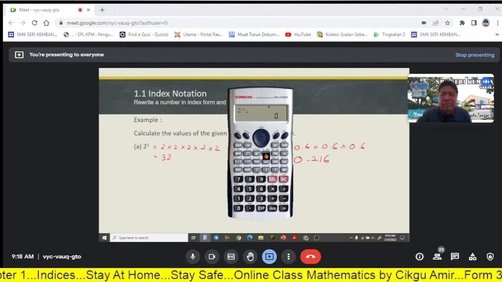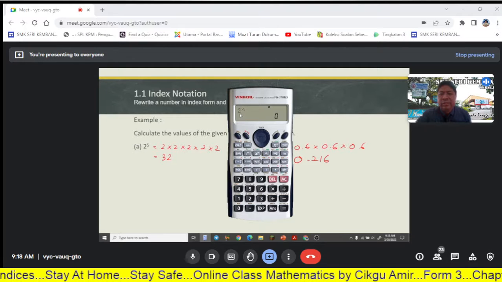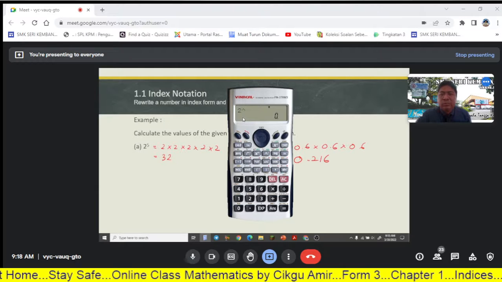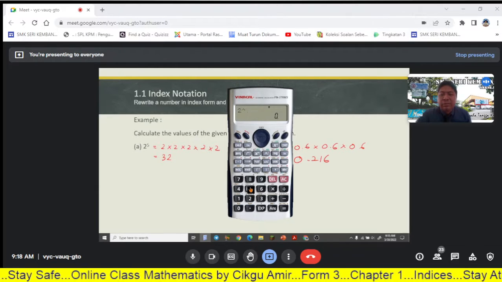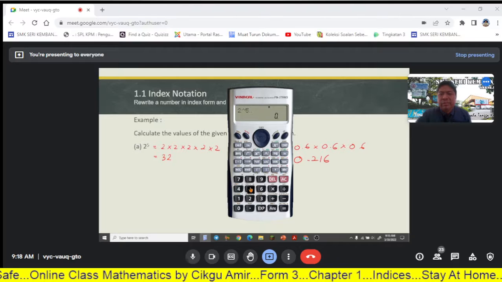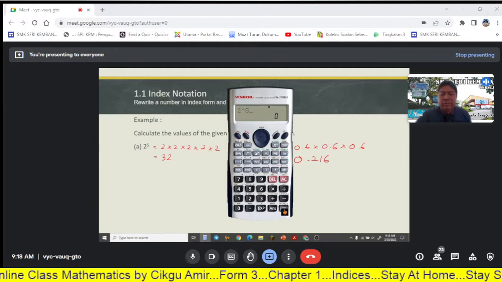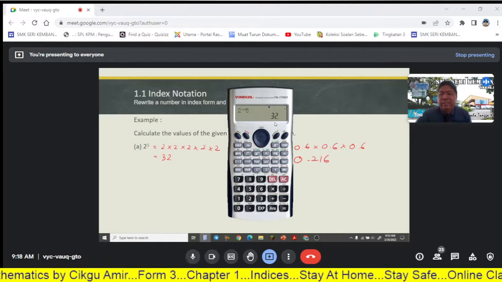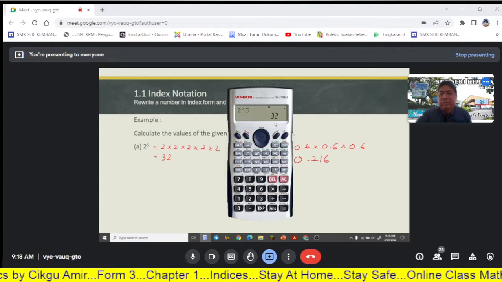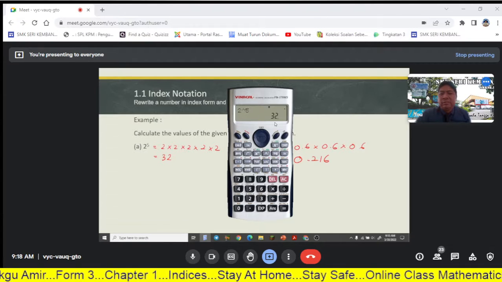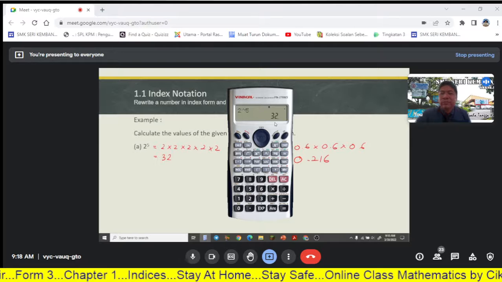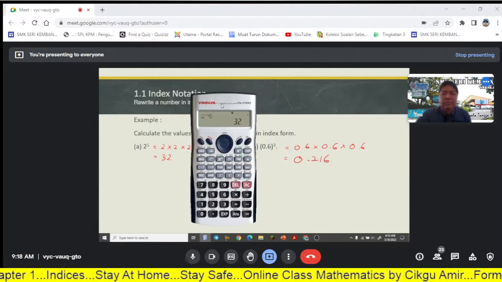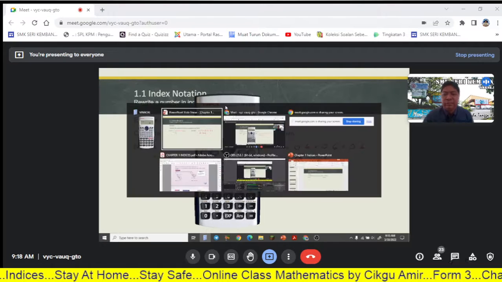You press the symbol here, you get 2 to the power, then you press 5 and press equal. So the answer is 32. Using a calculator is a lot faster than the manual one. That's the first one using the calculator.